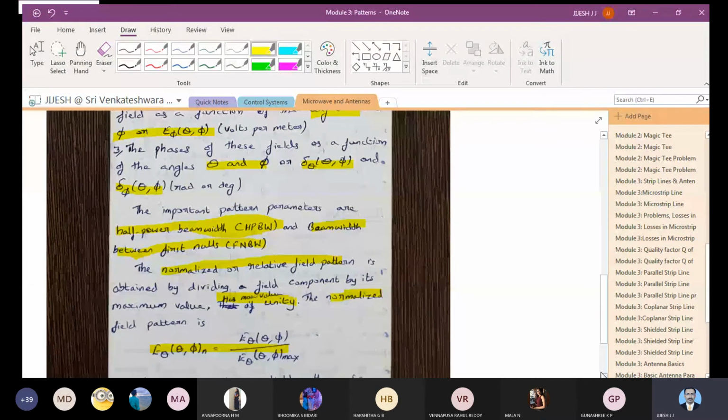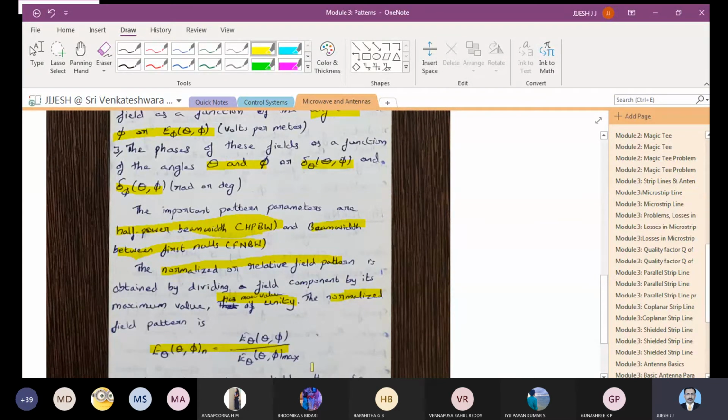In the lab also we will be doing the experiment where we need to find the normalized value. If you are getting the maximum value as 1 or 2 or 5 or something, you divide by that maximum value to get the normalized value, and it will always be between 0 and 1.